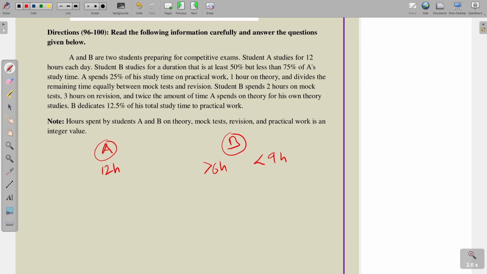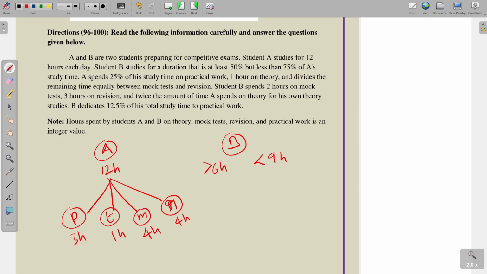That is the range for B's study. A spent 25% of his study time on practical work. 25% means 1 by 4, that is 3 hours. 1 hour on theory, and the remaining 8 hours are divided equally between mock test and revision. Mock test is 4 hours and revision is 4 hours.